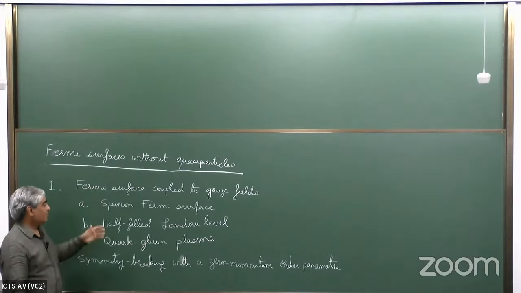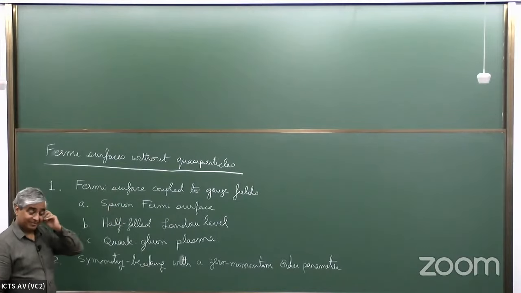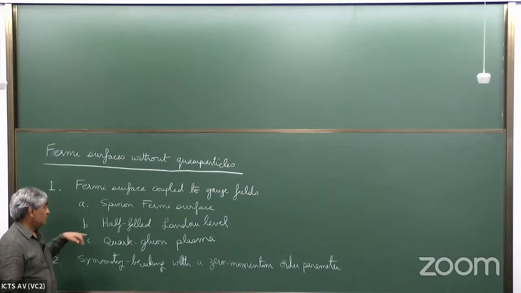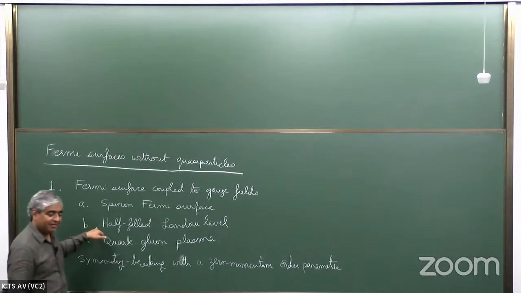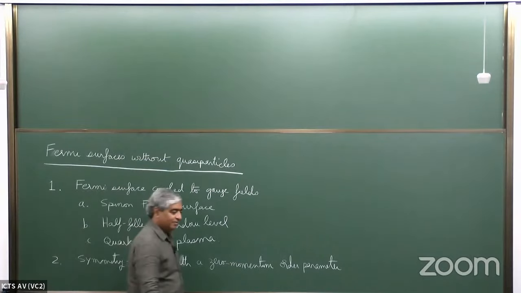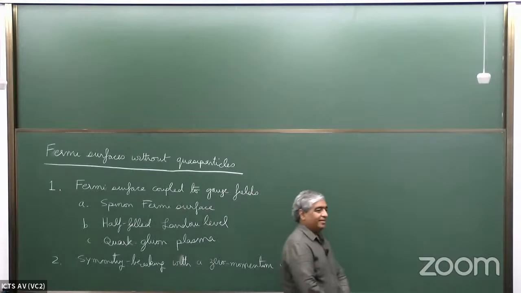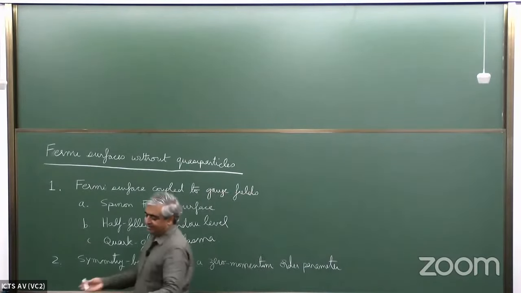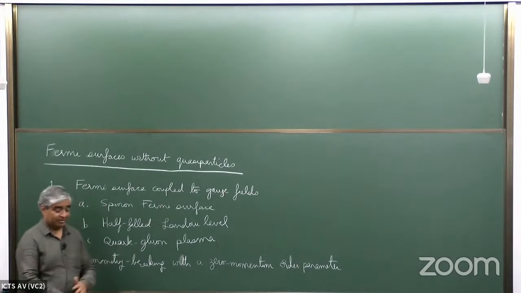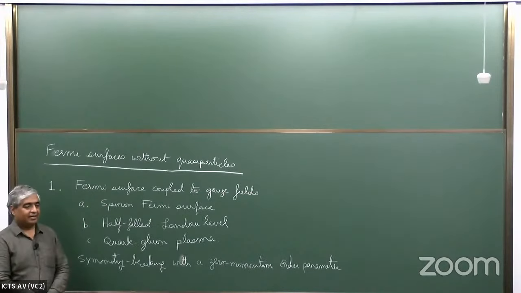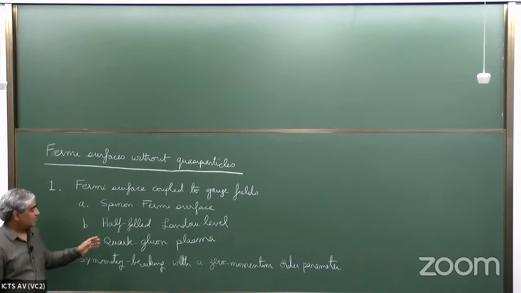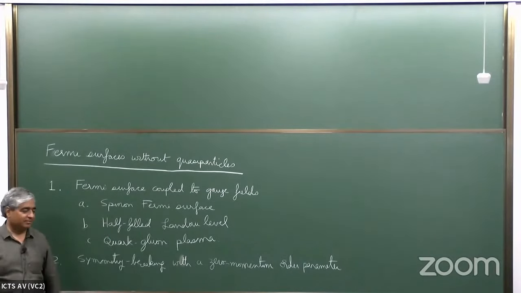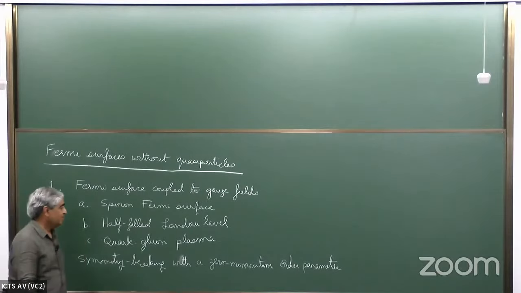So you get a problem of a Fermi surface coupled to a gauge field. That's a spinon Fermi surface. The other problem we talked about very briefly is the half-filled Landau level in the fractional quantum Hall effect. If you have an exactly half-filled Landau level, then that can be written via the parton construction I talked about, again, as a problem of fermions forming a Fermi surface coupled to a U(1) gauge field.